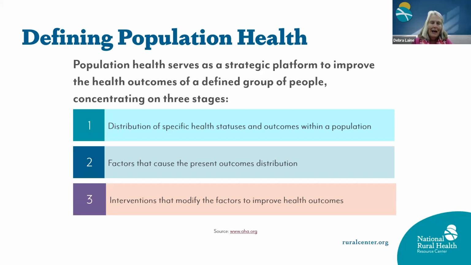And you do that by really understanding the specific health status of your community and what outcomes you are seeing. Are you seeing a high rate of uncontrolled diabetes? Are you seeing a lot of COPD? What do the statistics show? What are you treating in your EDs? What's walking in the door?